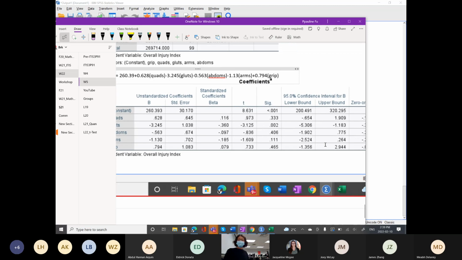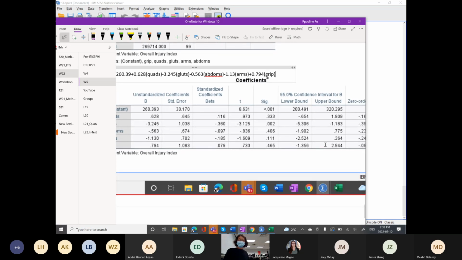The other way to look at whether it is significant or not is the confidence interval. If zero is inside the confidence interval, that usually is an indicator of not significant.